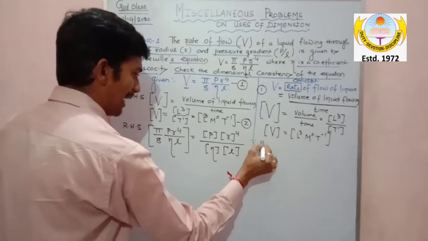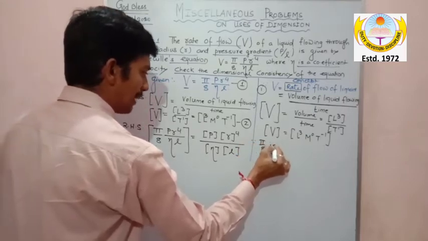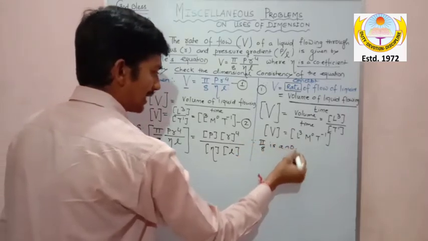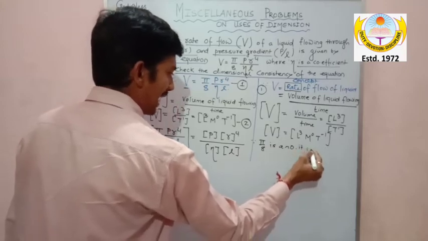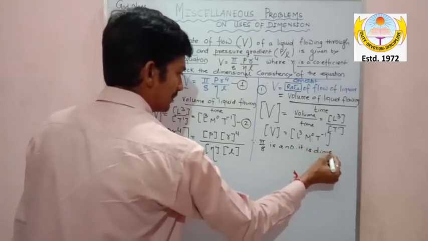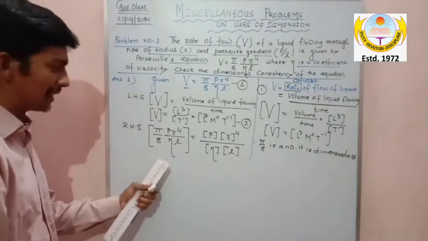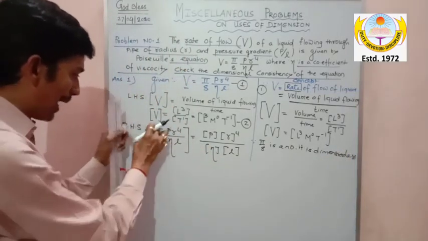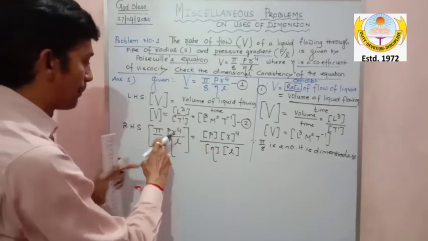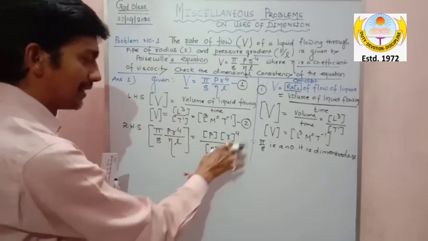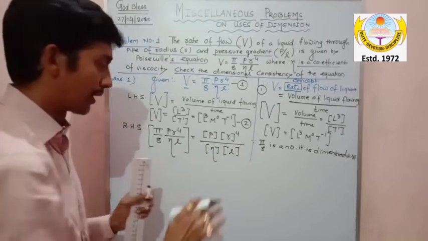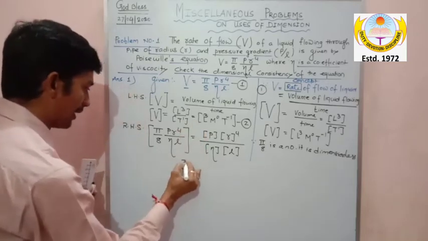Since pi by 8 is a number, it is dimensionless. So nice. I have written everything, but out of that I have removed pi by 8. And I am interested in the dimension of pressure, r power 4, eta and L. Now what is the dimension of this quantity, my dear?